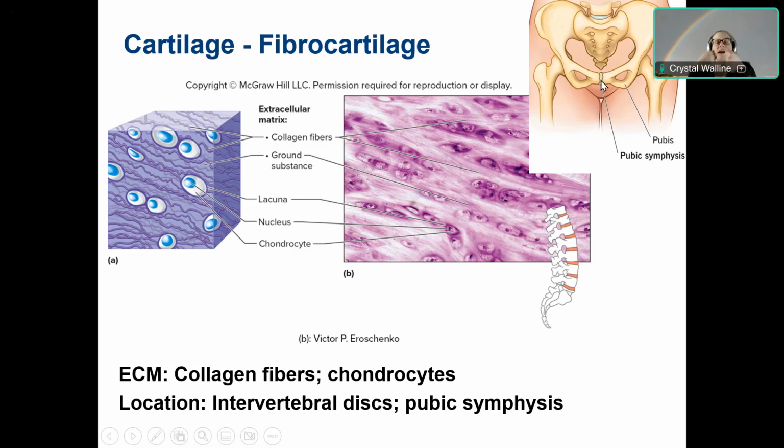And because it's made out of fibrocartilage, which kind of has more like flex and give to it, the pubic symphysis can actually flex during pregnancy and delivery to allow women to open their hips up a little bit more so they have more space to deliver a baby.